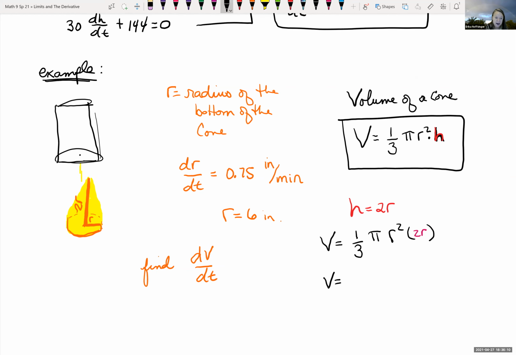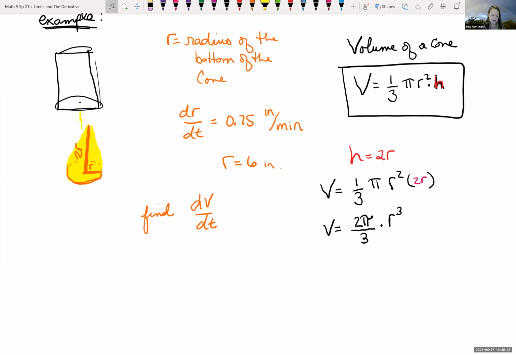So this is the same thing. And I'm going to rewrite the coefficient out front: 2 pi over 3 times r squared times r, which is r cubed. So now I've got it in the form where I can take the derivative of both sides.